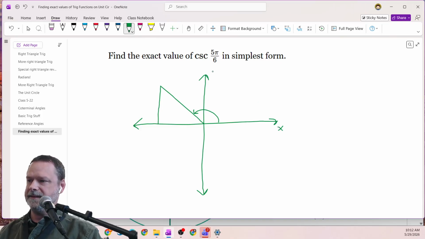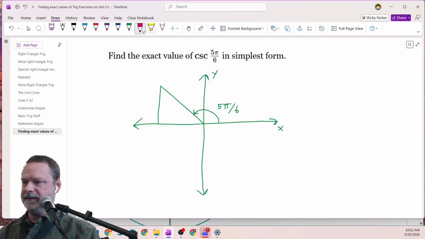This is my x, this is my y. This angle is 5 pi over 6, which means my reference angle, I would need one more pi over 6 to get 6 pi over 6. And that would be how far I'd get to reach back into my x-axis there. So that's going to be pi over 6 right here.